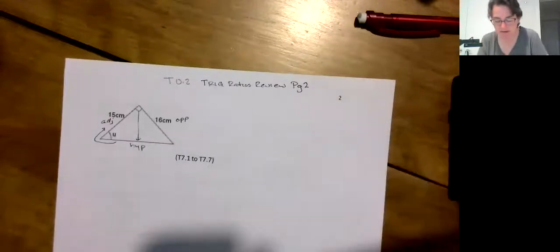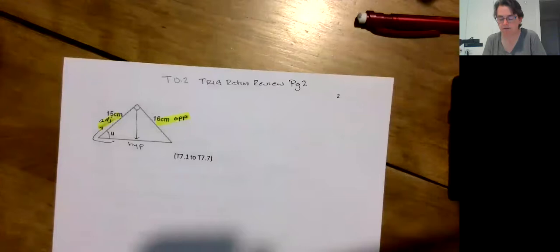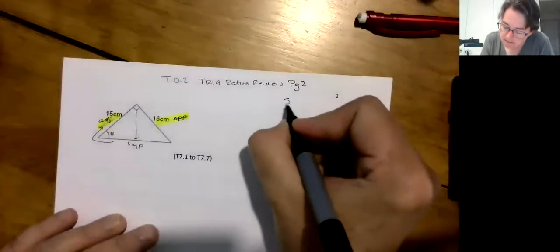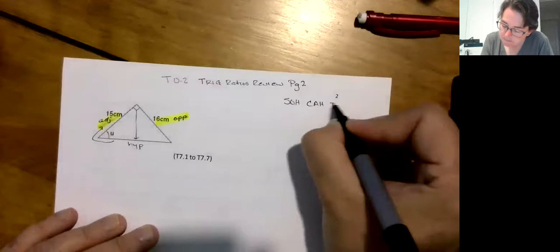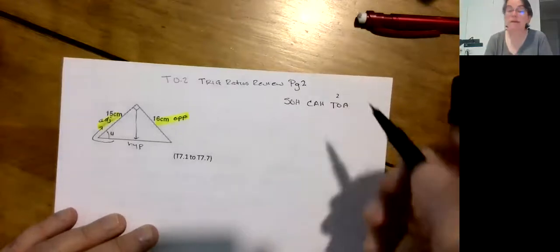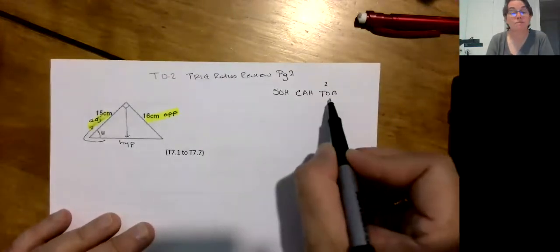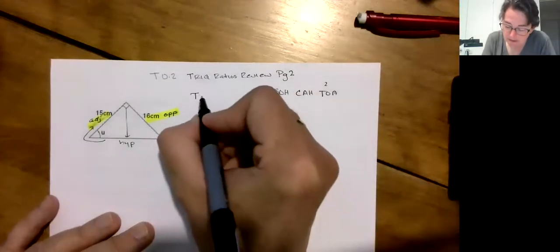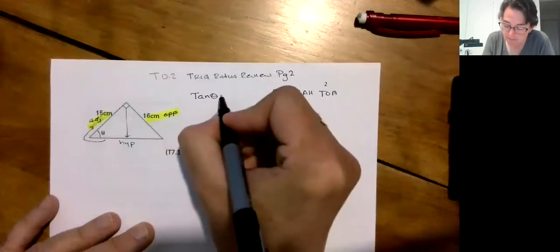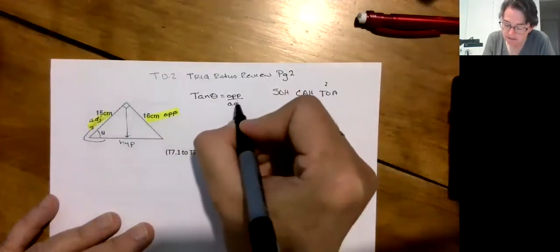So what have I got though? In this case, I have opposite and adjacent. If you watch the other video, you already know we did the sine and then the cos. So, yep, it has opposite and adjacent in it. We're going to look at tangent. So tan theta is opposite over adjacent.